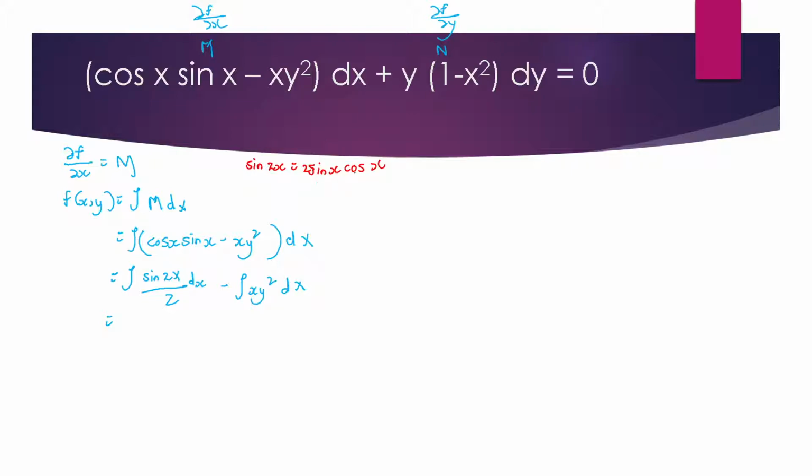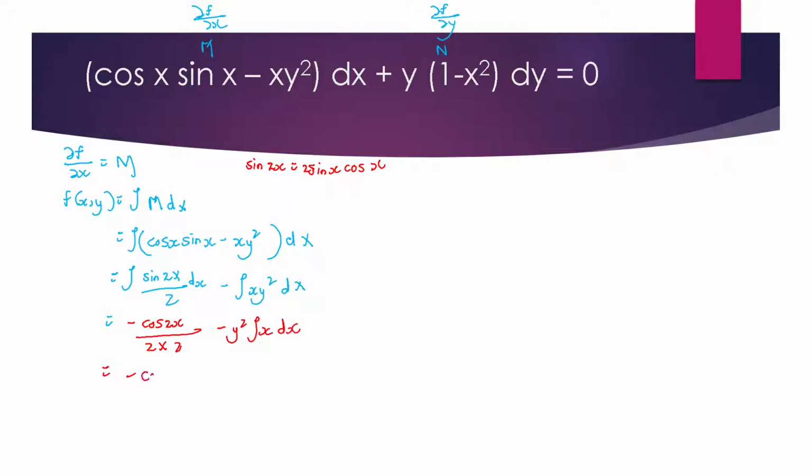So that's why sin x cos x is actually sin 2x divided by 2. Integrate sin, you have negative cos 2x, and then divide by 2, divide by 2 again. Then integrate with respect to x, y squared is constant, so you can factor out y squared and then integrate x dx.